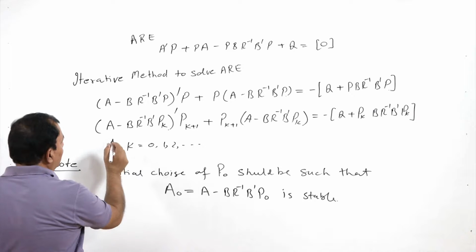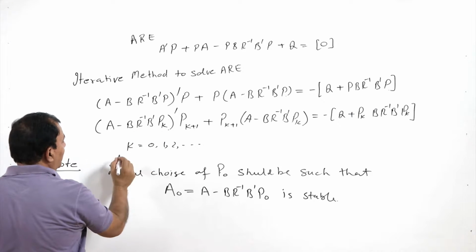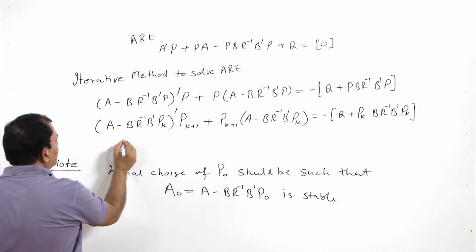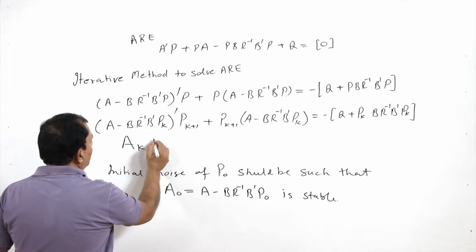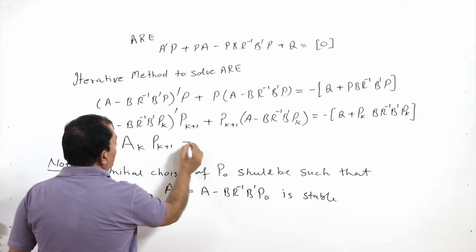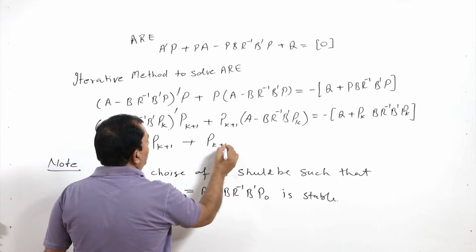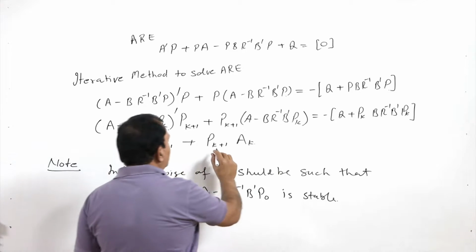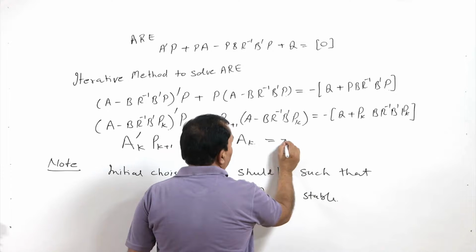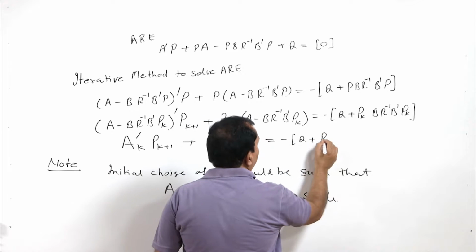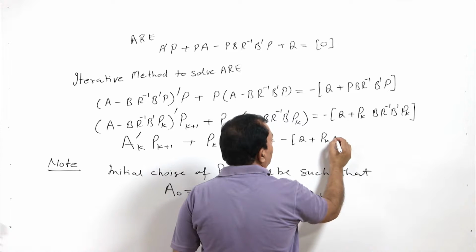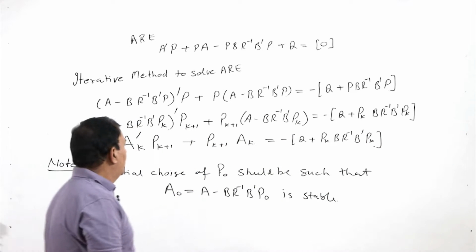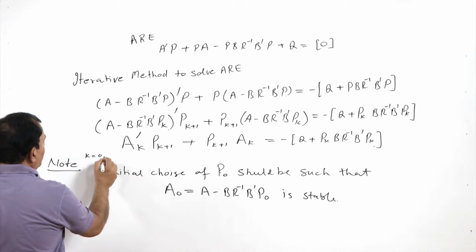So, this equation, writing the matrix A minus B R inverse B prime Pk as Ak, I can write Ak prime Pk plus 1 plus Pk plus 1 Ak as minus Q plus Pk B R inverse B prime Pk, and I start my iteration with k equal to 0.